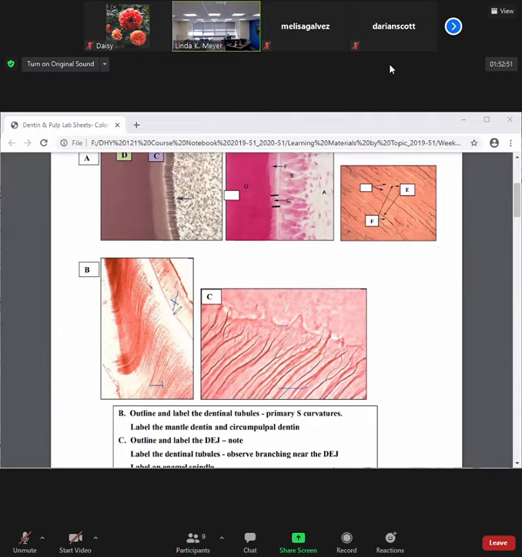If we follow that nice S curvature right along there, that's the pathway. The odontoblast that made the dentin in this area started up here and it moved pulpally and apically. This is actually where the pulp chamber is. It's a ground section, so there's no pulp in it. And the odontoblast would be down there. So it just shows it moved pulpally and apically.